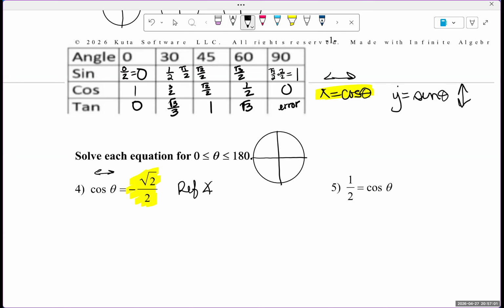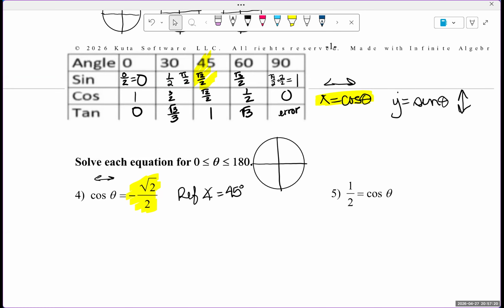Where is cosine square root 2 over 2? That is at 45 degrees. So our reference angle is 45 degrees.